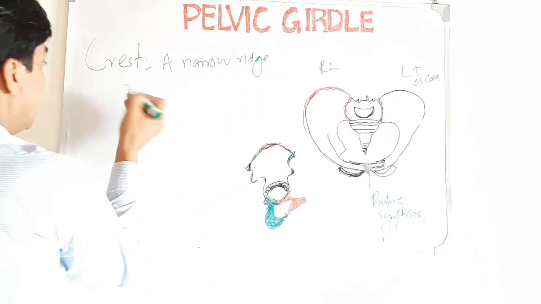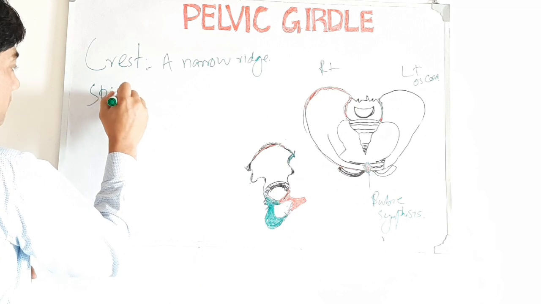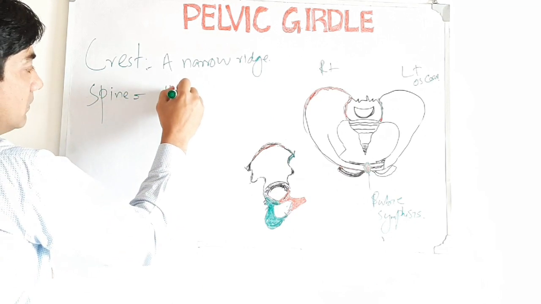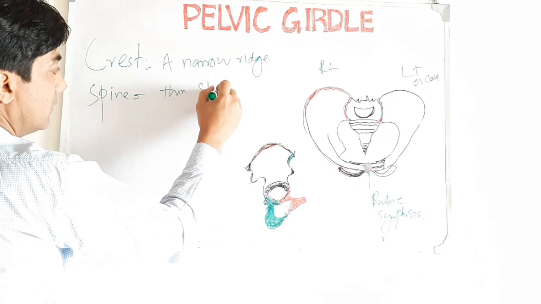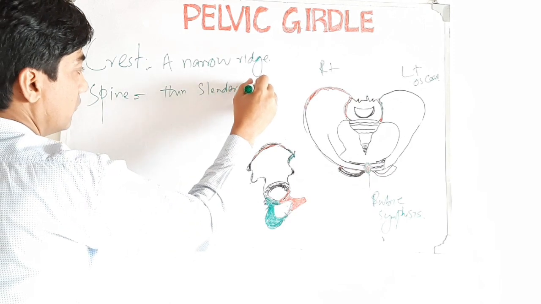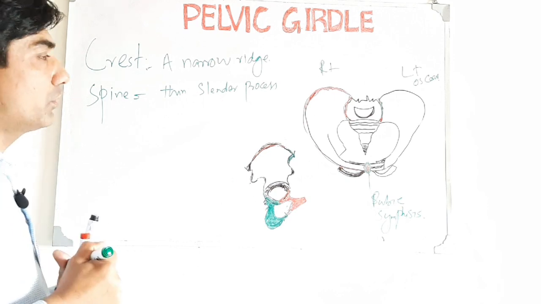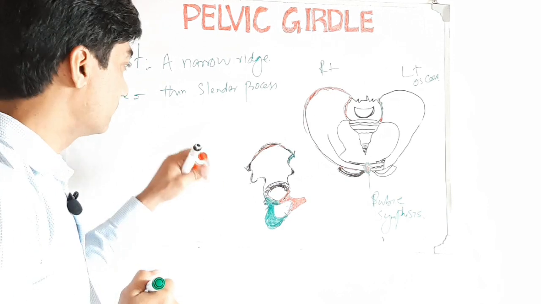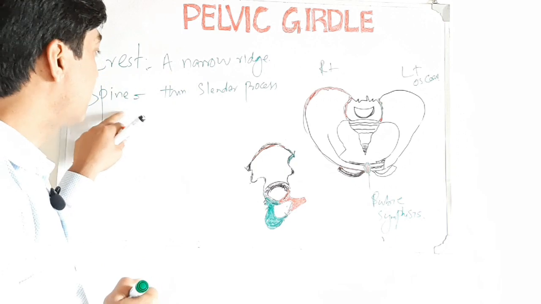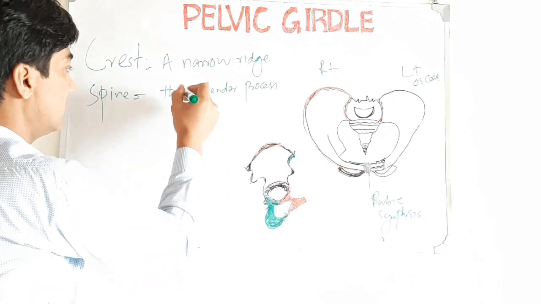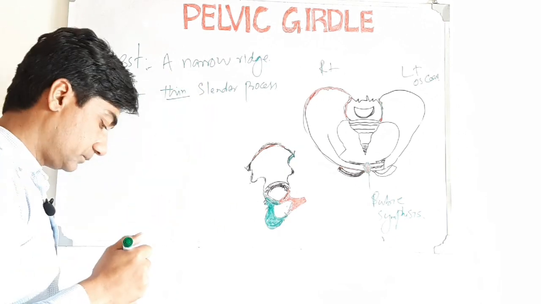And second is spine, a thin or slender process. What is a process? A process is a bony prominence over the bone. That's called a process, and a spine is a thin, slender process.